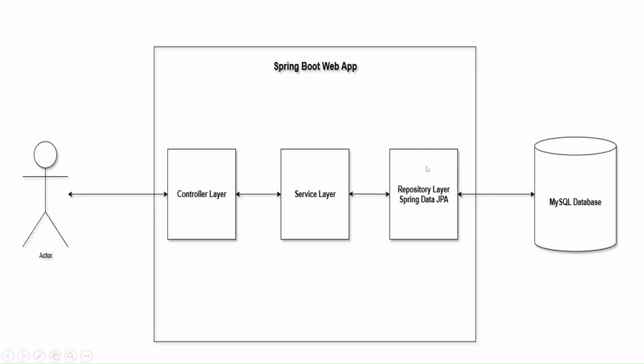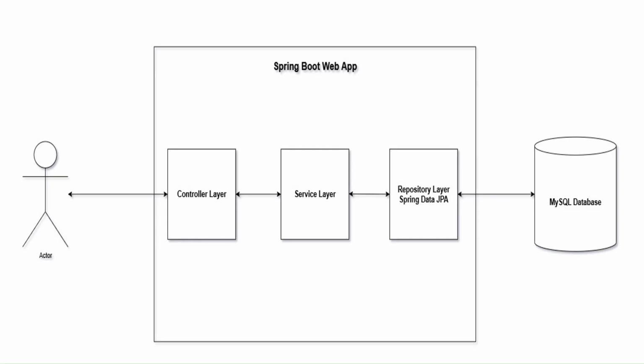The repository layer talks with the database, and how does it do that? Spring Data JPA helps this repository layer talk with the database. Spring Data JPA does a lot of work behind the scenes to save the data in the MySQL database. In any web application you pick, we have three layers.